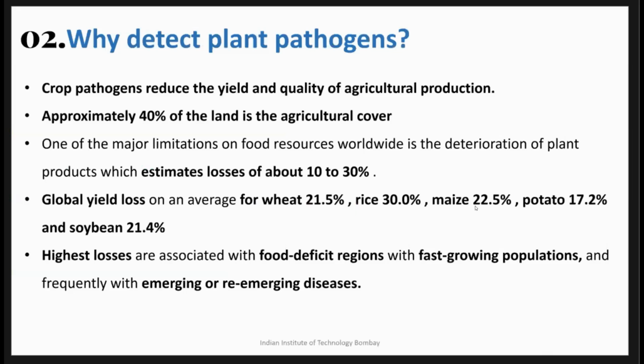Why do we have to detect plant pathogens? Because we know that 40% of the land is agricultural cover, and pathogens in crops will not only reduce the yield but also the quality of the agricultural products. The highest losses are estimated due to plant pathogens all over the world.